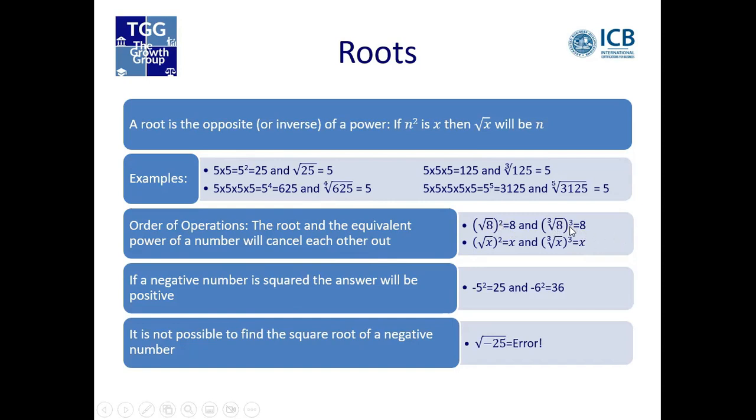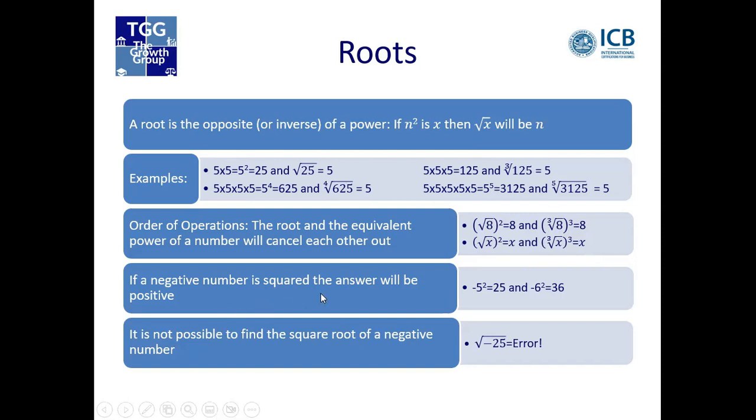And if you were using the cube root of 8 to the power 3, it will still only be 8. The square root of x to the power 2 will be x, and the cube root of x to the power 3 will also be x. So see that if your root and your power value are of the same order, then you will just be left with your constant.